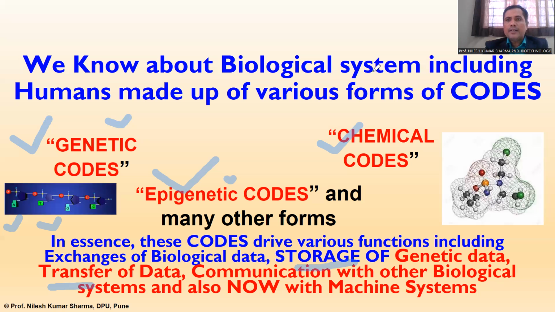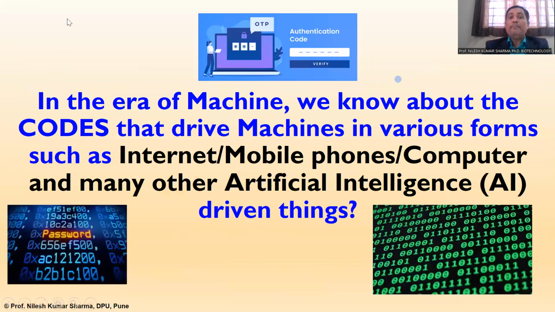Now, if you look at the other side, that is the machine system. Machine, computer, or mobile phone, or any other system. Or the internet also, where it is connected with the help of various other computers or mobile phone systems, or artificial intelligence driven things.